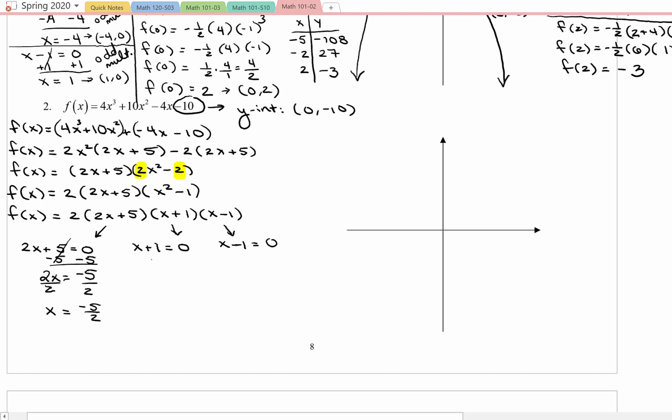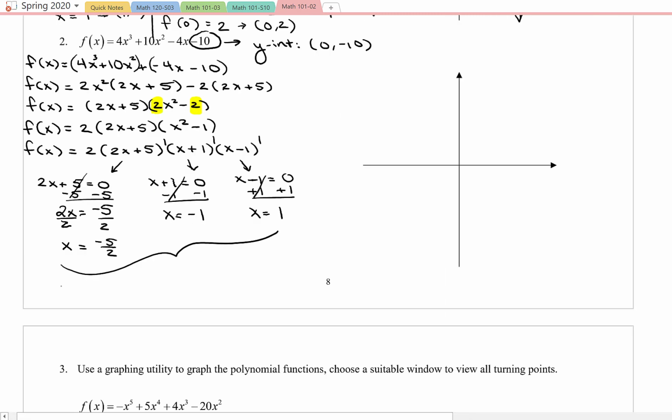My first zero is -5/2. My second one is -1, and my third one is 1. Once again, all of these zeros have a multiplicity of 1.